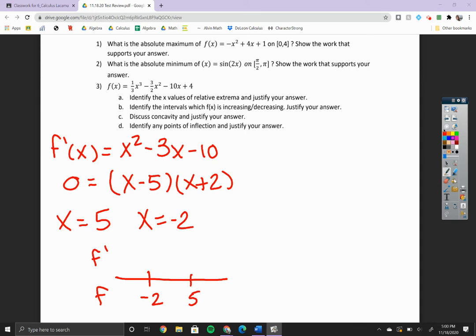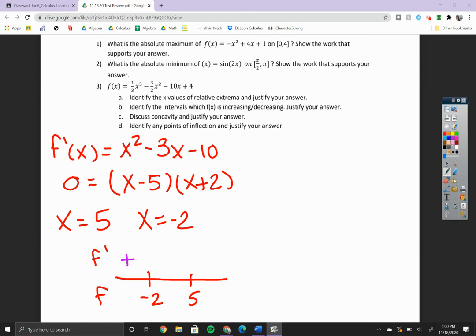So a negative times a negative would give me a positive number. We don't need the number, we just need to know if it's positive or if it's negative. And I just plugged it into the factored version. That's the same thing as plugging in to the first derivative because those are really the same thing.